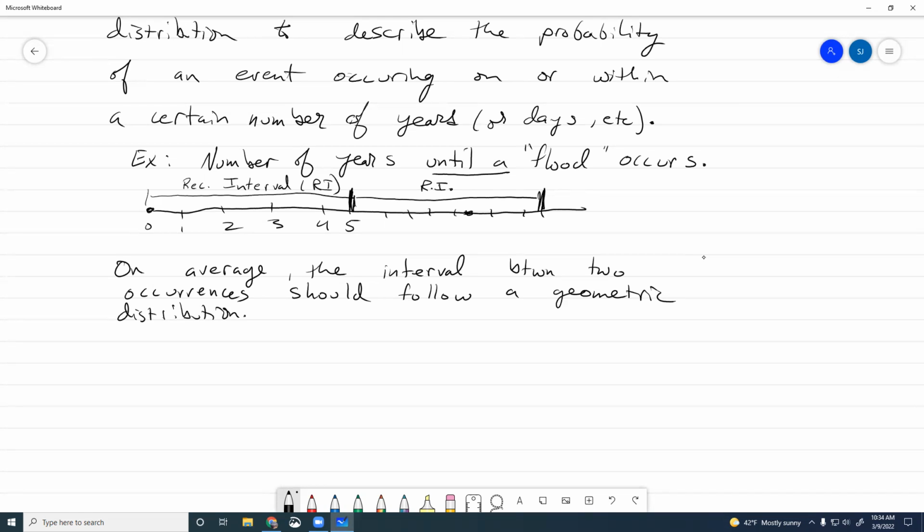Now we're going to define T as the mean recurrence interval, or average time, so expected time, between events.